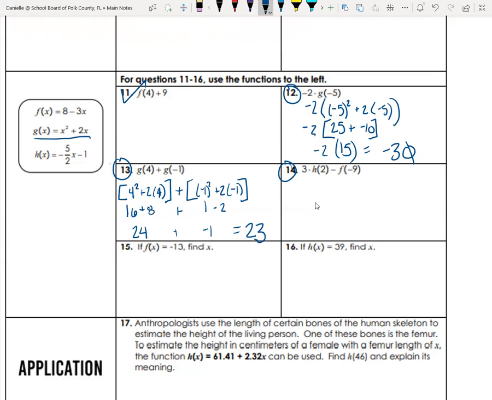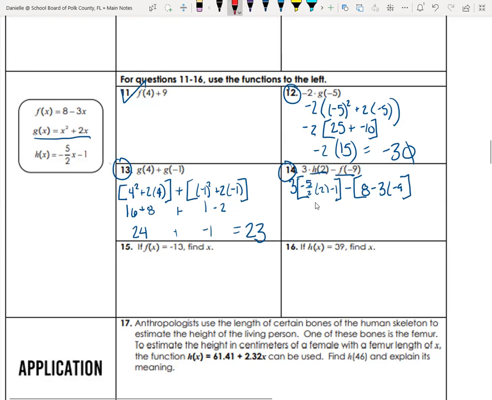And the last one we're going to do is h and f. So we have 3 times whatever h of 2 is, which is going to be negative 5/2 times 2 minus 1, minus f at negative 9. So 8 minus 3 times negative 9.